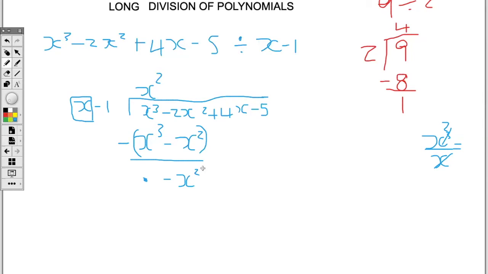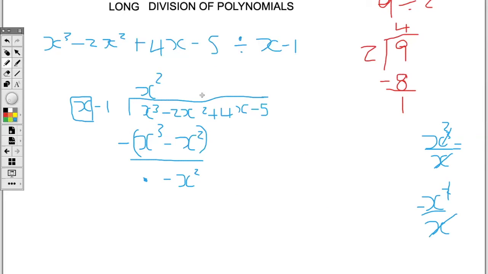Now, because we still have a variable, it means we can go further, where we can divide x into minus x squared. So we can divide minus x squared by x. One of the x cancel, so I'm left with negative x. So this negative x will go in the quotient area.